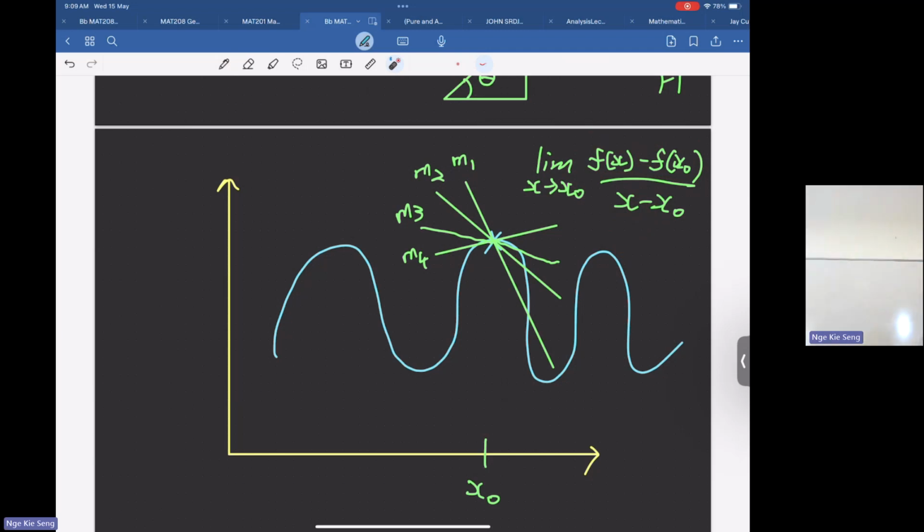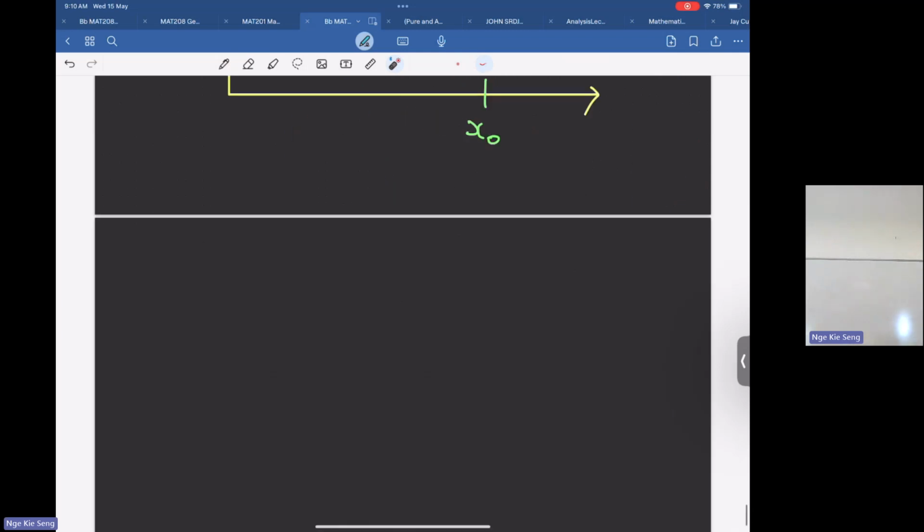What we are interested in is the limit of this function, and yesterday I showed you that this limit converges to something interesting, for example for x squared. Let us compute the limit for f of x equals x squared at a random x0. What is this limit?